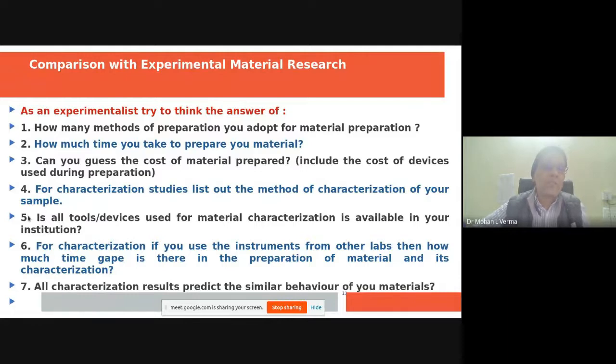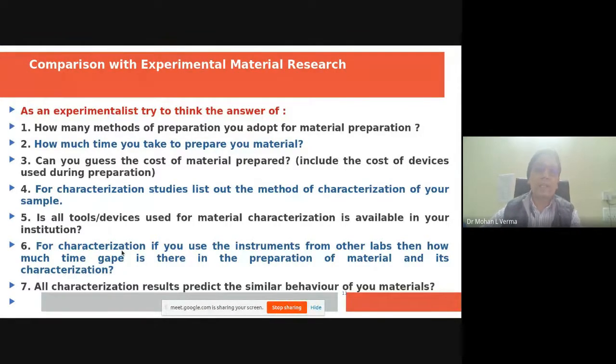experimental work. One important question is whether all tools or devices used for material characterization are available in your institution. Because if you use an instrument from other labs, then how much time gap is there between preparation of materials and their characterization? Apart from that, for composite materials, glassy materials and other materials, stability is very important.